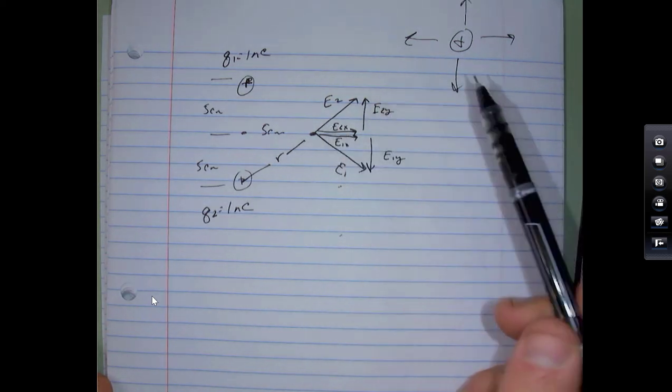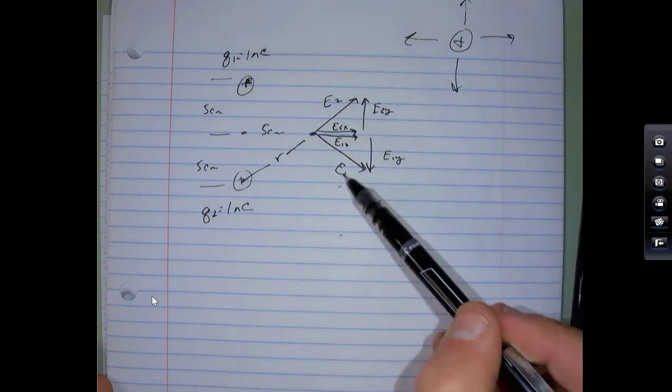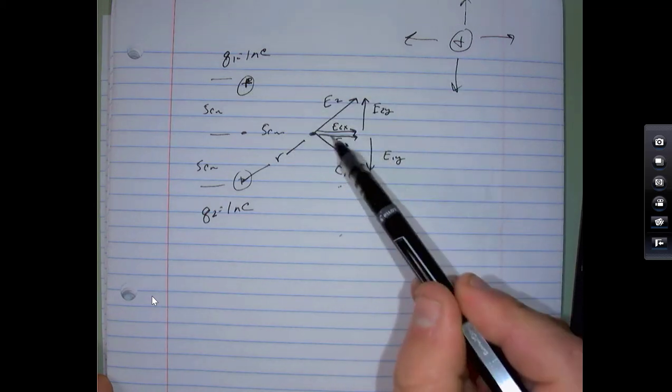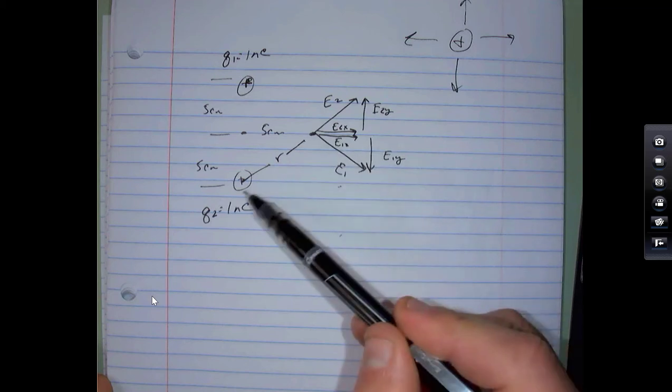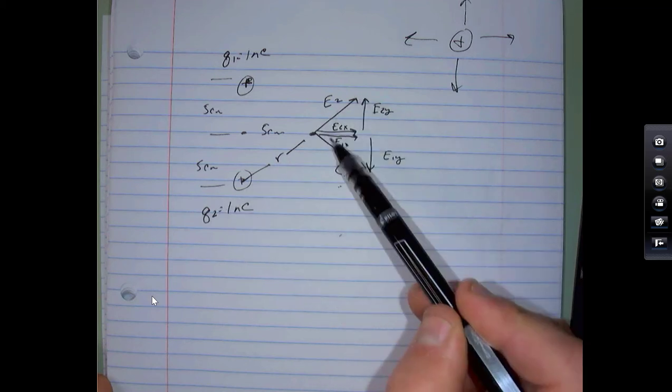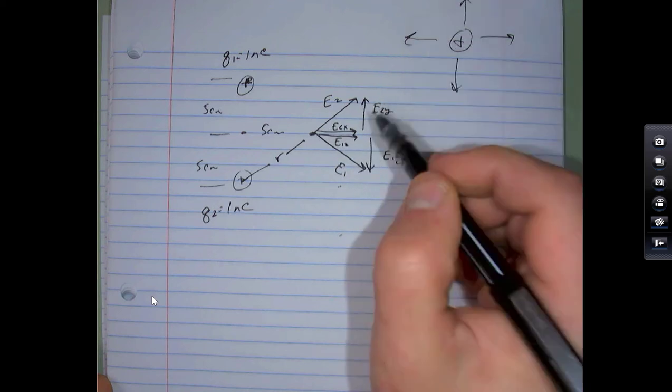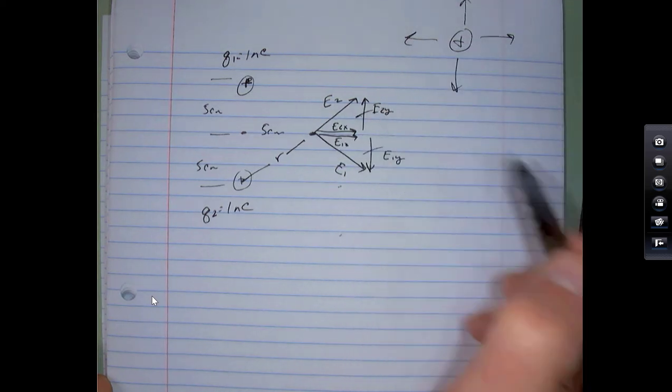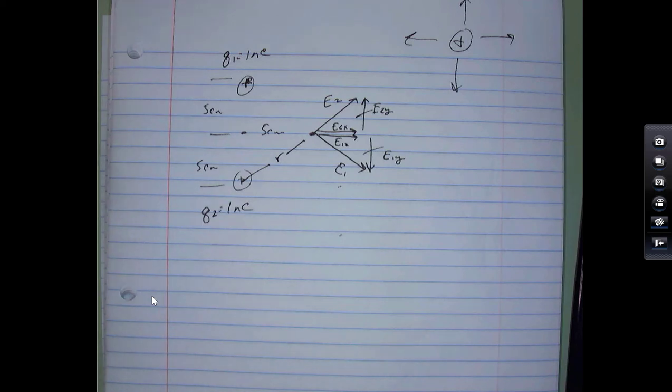So let me just regroup. Q1 is here. Here's E1 pointing away. It has an x part and a y part. The electric field, because of Q2, is this way. It has an x part and a y part. The y parts actually cancel out, right? Because it's the same amount up, same amount down.